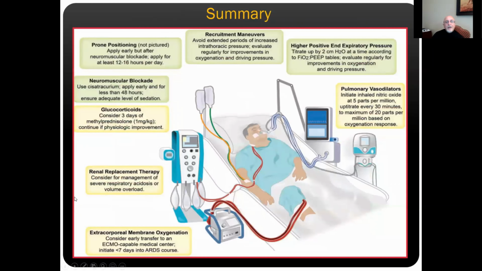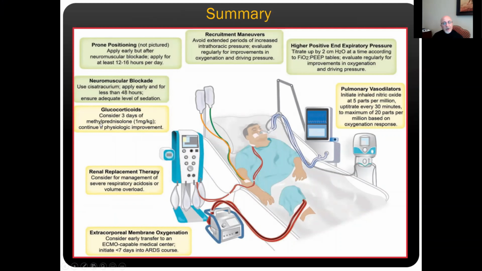So in summary, one should initially start the patient on regular mechanical ventilation, administer PEEP, titrate the PEEP by 2 centimeters at a time, watching the patient's blood pressure and end-tidal CO2 and assessing the driving pressure, check the plateau pressure regularly. One should apply neuromuscular blockade when the PF ratio is less than 200 and they're intubated. Administer prone positioning if the PF ratio is less than 150.